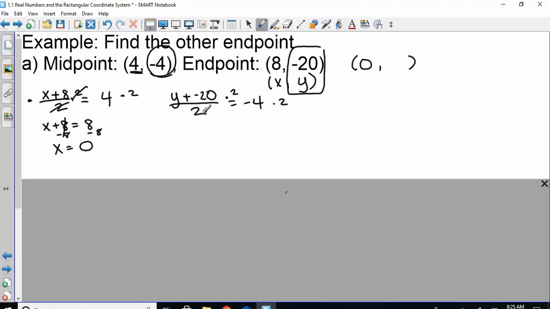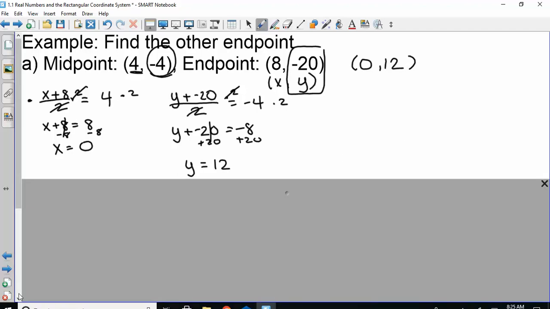To solve this for y, you multiply by the denominator, so we multiply by 2. And then you add over the 20. So we get y equals 12. I like the reasoning way more. Well, I haven't even shown you the reasoning yet.